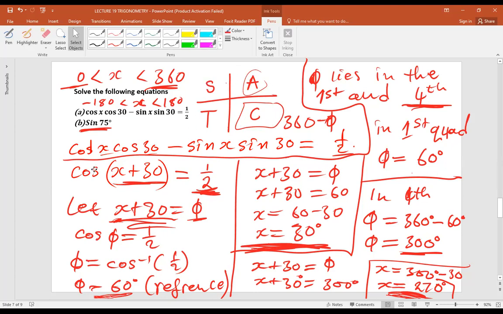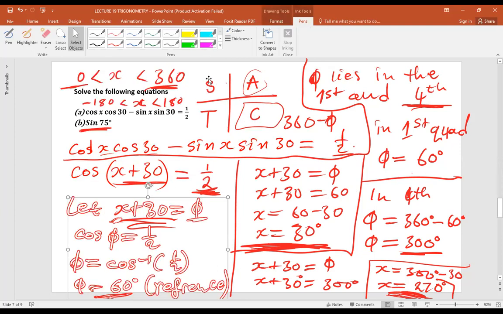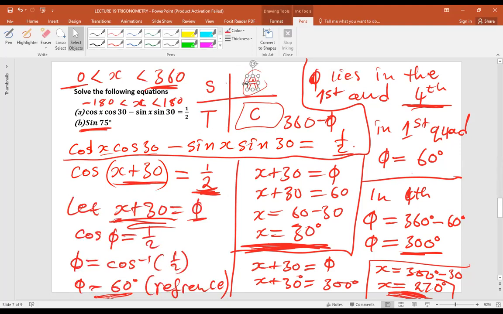Because you know that sine is only positive in the second quadrant and in the first quadrant. Tan is only positive in the third quadrant and the first quadrant. And then cos is only positive in the fourth and the first quadrant. And the positive part we are saying positive is the positive of what you have inside.